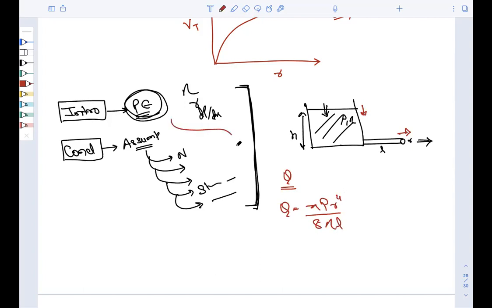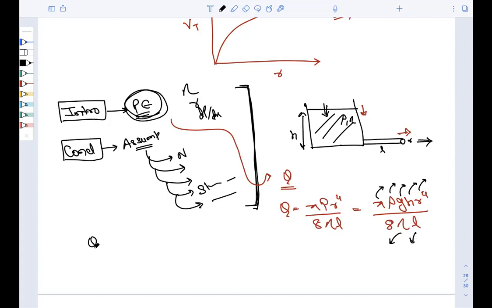Also, in the introduction you can write this formula. Mathematically it is given as this, where P is what? Simply rho g h. So Q = pi rho g h R^4 upon 8 eta L. Now pi we know, rho is known, g is known, h is also given, 40 centimeter, R, the radius of the pipe, is also given, eta is also given, the length of the pipe is also given.